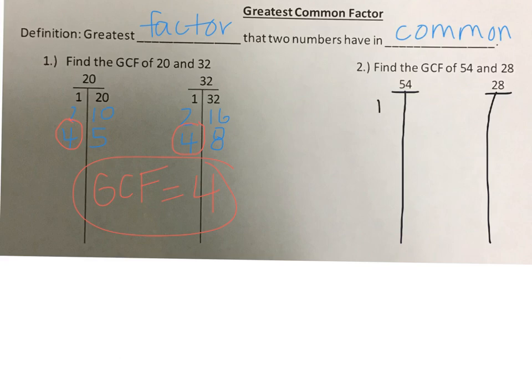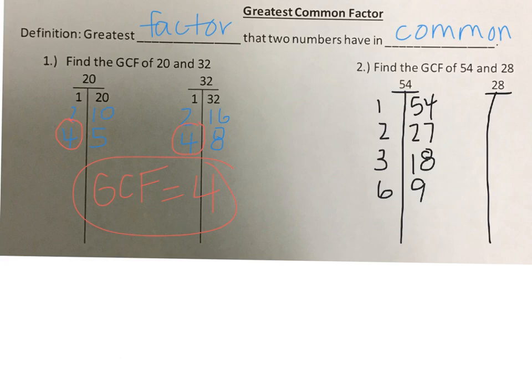We can do 1 times 54 is 54. 2 times 27 is 54. 3 times 18 is 54. Can't divide it by 4. Can't divide 54 by 5. You can divide 54 by 6, because 6 times 9 gets you 54. And I think we're good. Those are all of our factors.